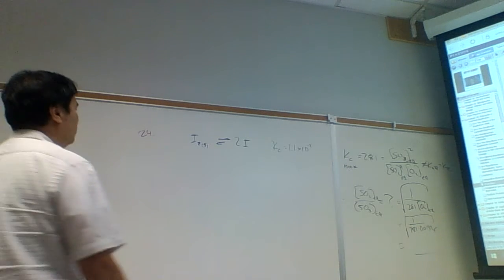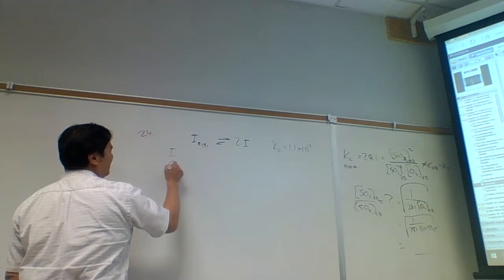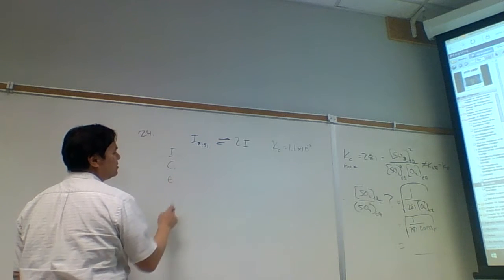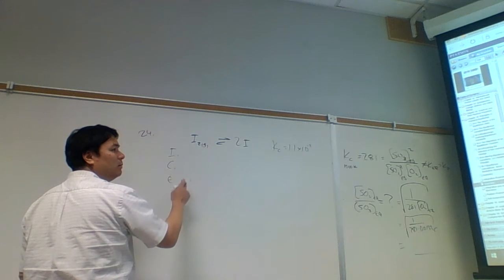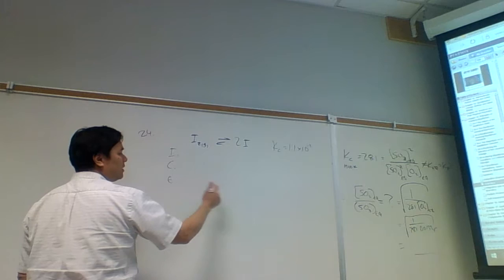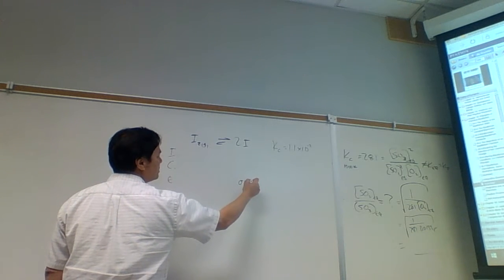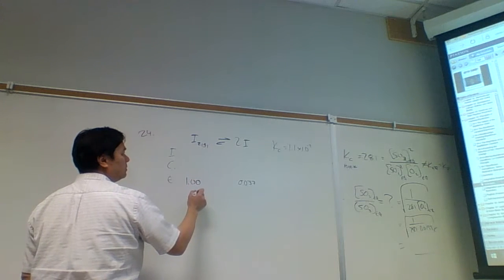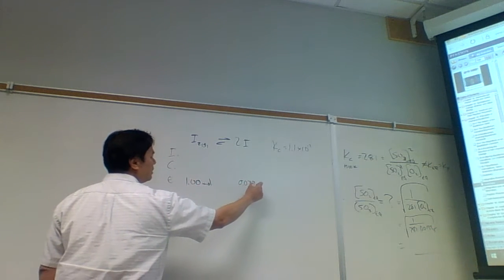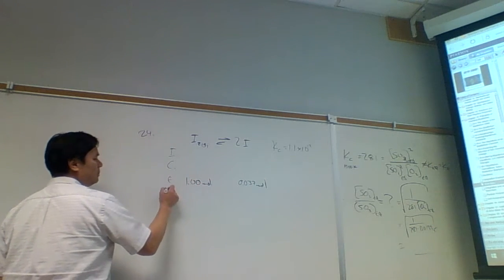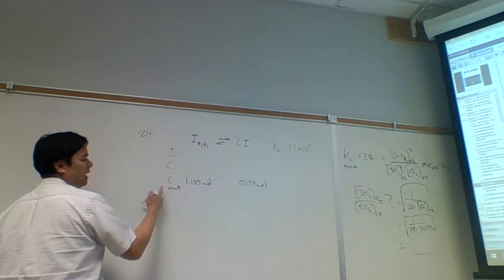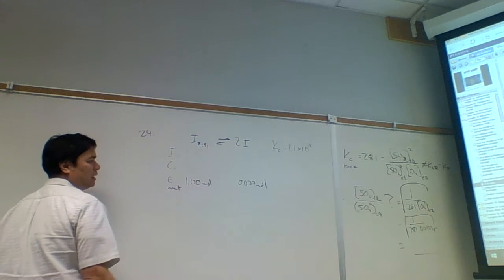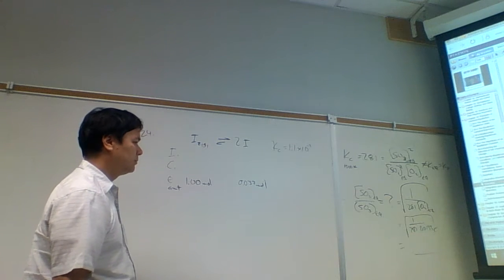If we have an ICE table here, they're telling us the equilibrium. So they want 0.037 moles of I for every 1.00 moles. This is not the concentration. This is the amount, so here I write EAMT to indicate that this is not what I'm going to use.